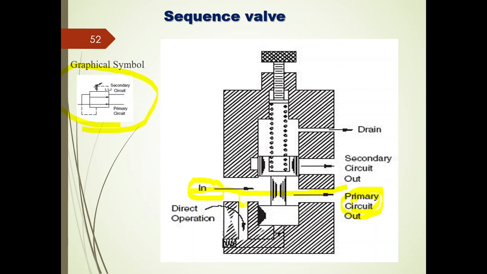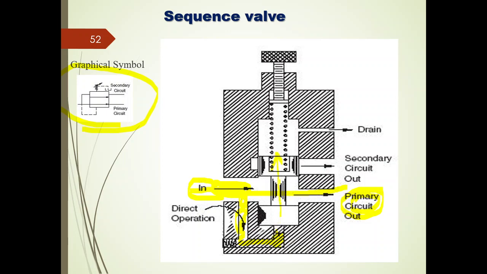But whenever there is an increase in the pressure in this line, the increase in the pressure is going to move along this solid line, which will be acting at the bottom of this piston, so that the piston will be moved in the upward direction.